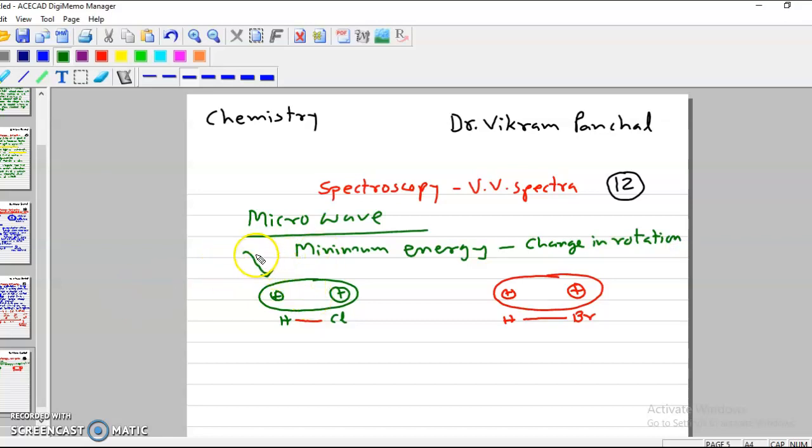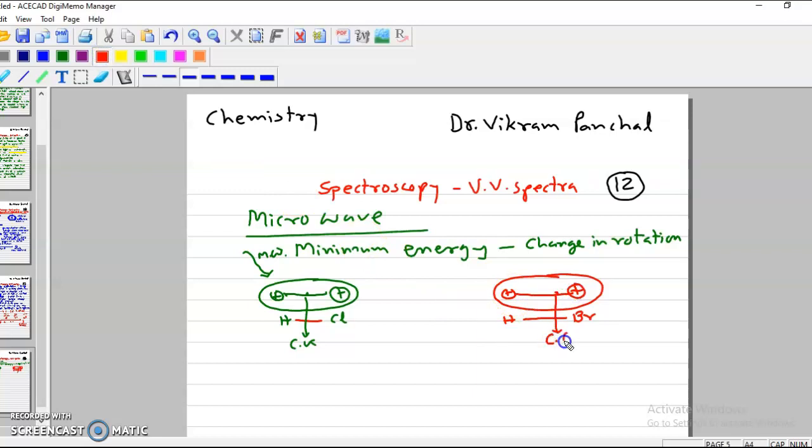Now if this HCl molecule absorbs microwave, then it will rotate. Here you will find the center of gravity towards chlorine. This is the center of gravity. While in case of HBr, the center of gravity is more towards bromine.